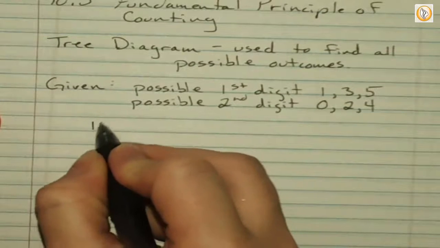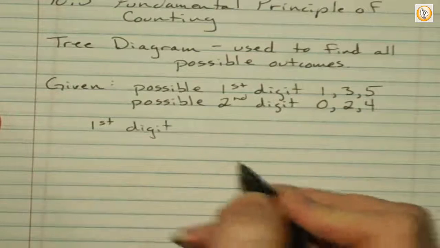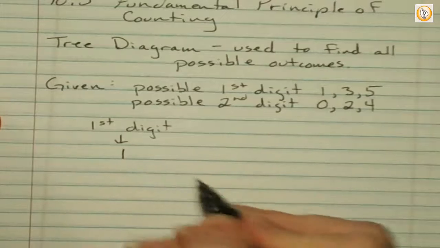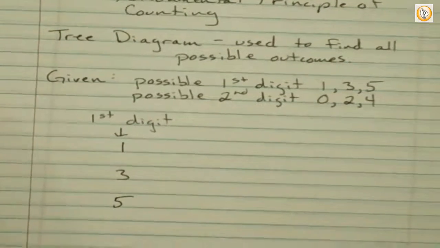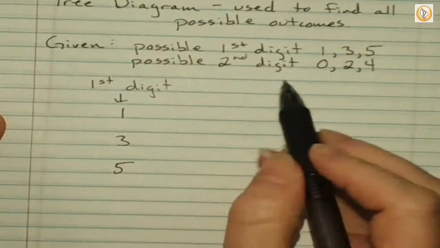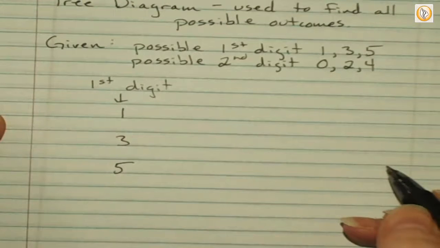Let's say first digit. This is the column for the first digit. We have 1, 3, and 5. Those are the possible first digits, 1, 3, and 5. Right?